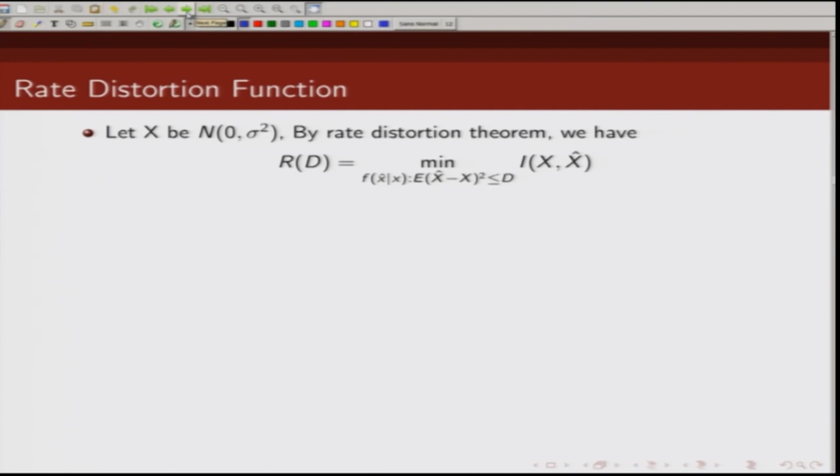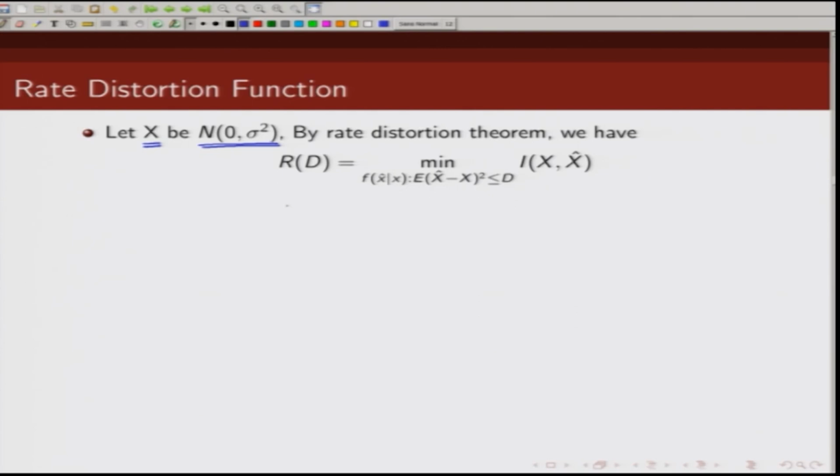Now let us illustrate, or let us compute, this rate distortion function. So we will first take an example of a Gaussian source. We have a Gaussian source X, denoted by N of 0 mean, variance sigma square.